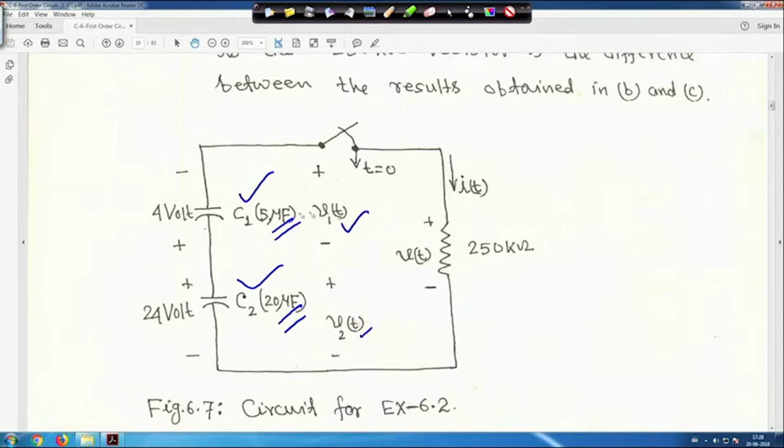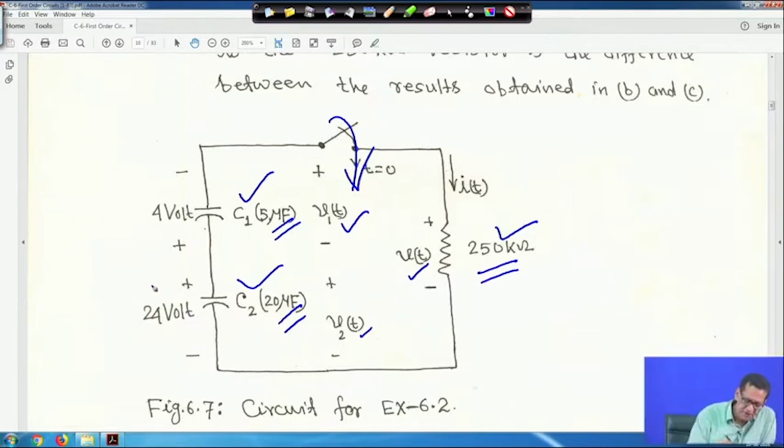V1t means across C1, V2t means across C2, and this is the 250 kilo ohm resistor, and across it the voltage is Vt and the current flowing through is It. The capacitors were charged, but the switch was open. Now, the switch is closed at t is equal to 0, right. So, the question is, look at the polarity here: this polarity is given plus, here it is minus, but here it is minus, here it is plus. This is the trick in the problem.